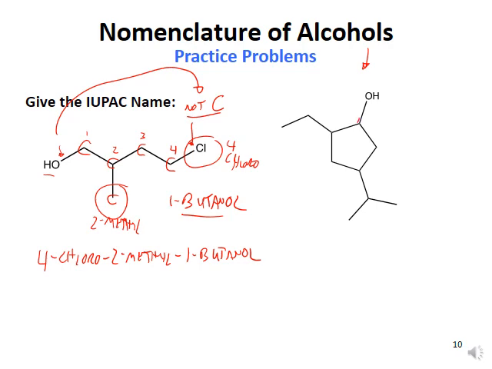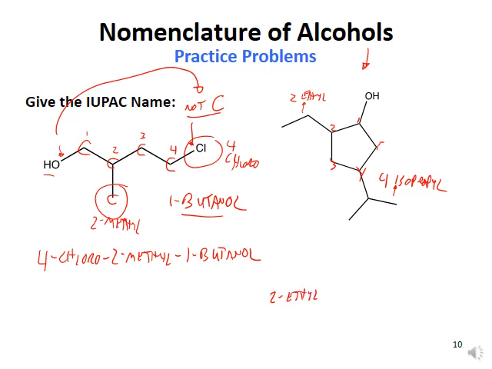Okay, so if you've got a ring, the ring is the parent for this guy, and that's obviously carbon number 1. That's going to be a smaller number, so we'll definitely do the counting like that. This is a 2-ethyl, and this is a 4-isopropyl, and the hierarchy goes E before I. So what do we got here?